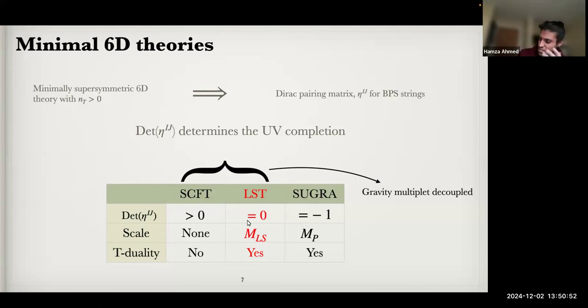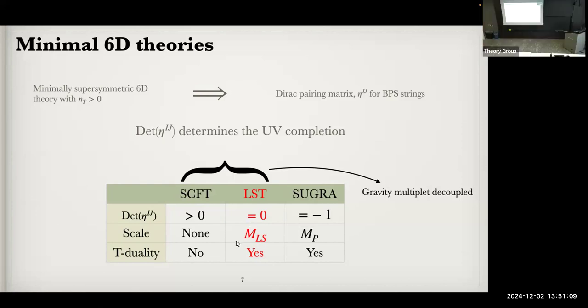Yeah, I guess at this point the only difference I see is that the UV complete theory in 6D with 16 supercharges is the little string theory. Once you integrate out these massive modes, then you get in the IR an SCFT.